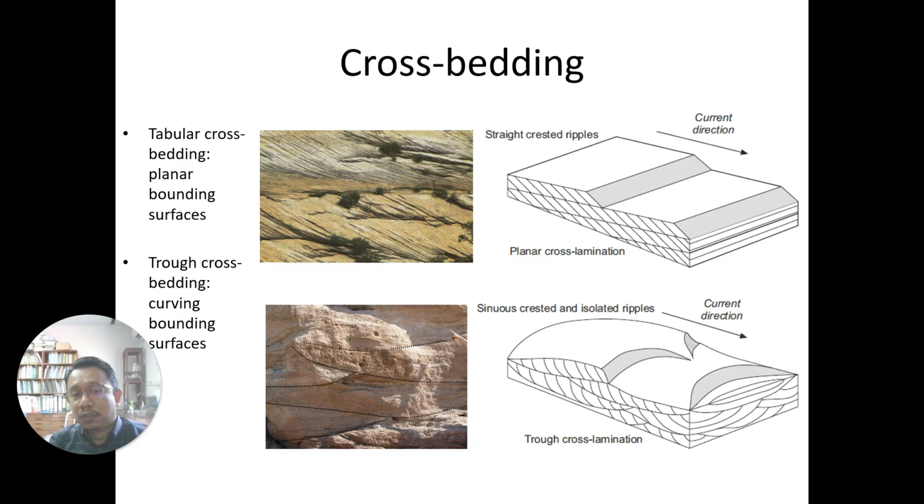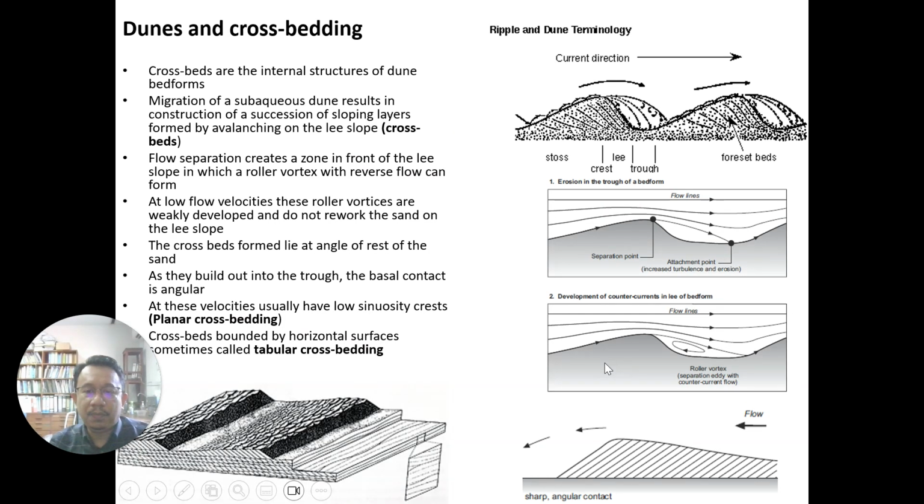What people have seen is that tabular cross beds tell you that the crests of the dunes are usually straight, and with trough cross bedding you have dunes with more sinuous crests. So how do you get the formation of dunes? It is the same kind of process as when you form ripples.